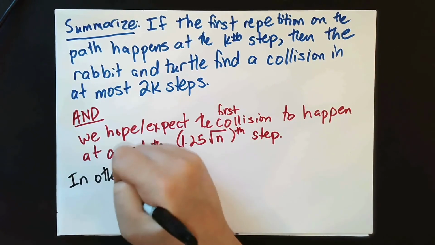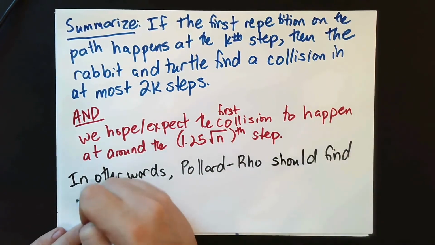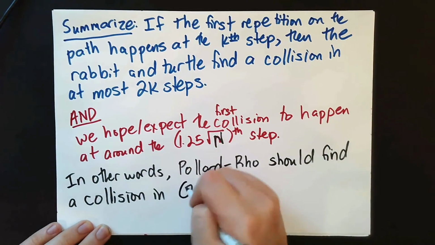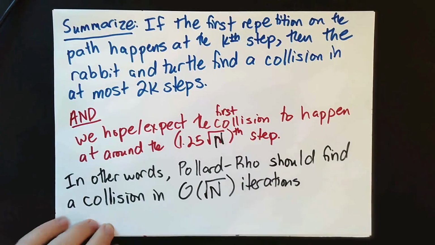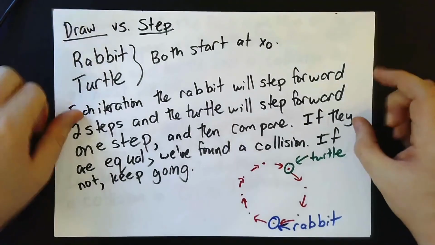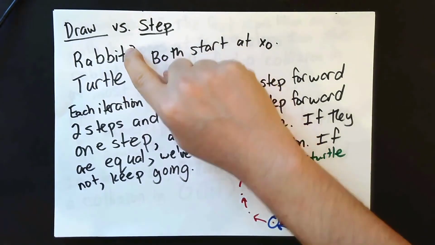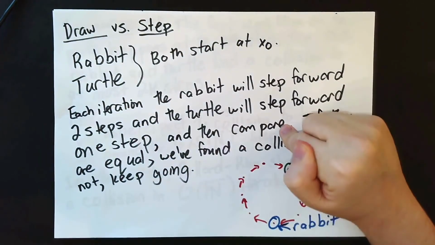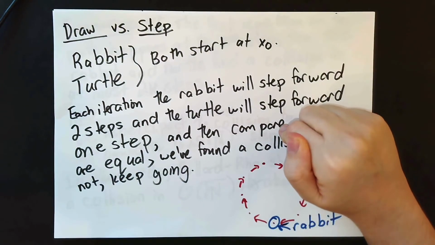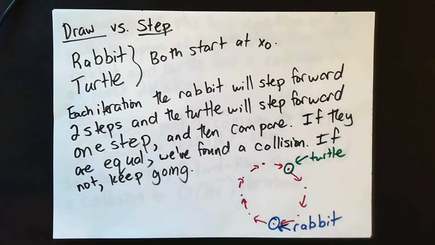And so then we find a collision at most twice that. And so, ultimately, what this is telling me is that I should find a collision in O of the square root of n iterations. And remember what an iteration is. An iteration is 2 steps for the rabbit, 1 step for the turtle, and 1 comparison. And so before, our problem was we were doing O of n comparisons, and that got out of hand.